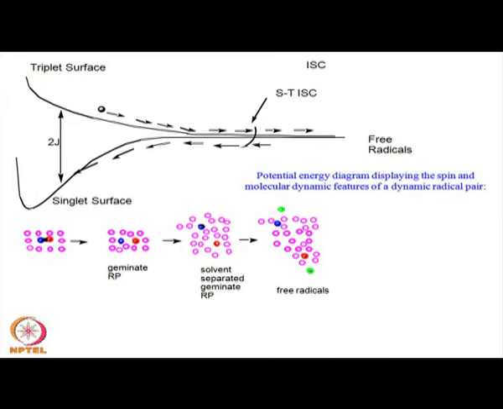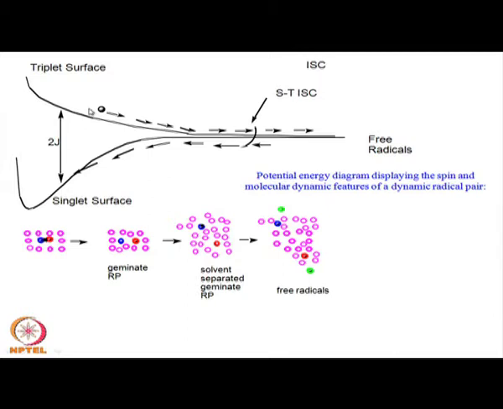Okay. Now, think about another case. Think about this triplet surface and singlet surface. Whenever it is the case of a radical pair or radical ion pair, like this pyridinium hexaplex, you see that this is the triplet surface, this is the singlet surface, and maybe the system has started here in this triplet surface.